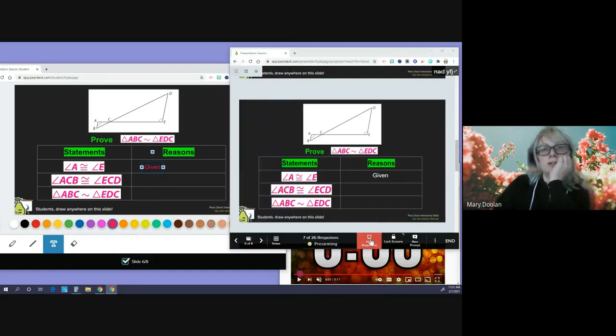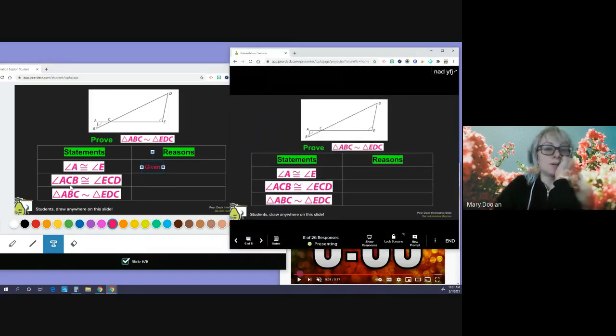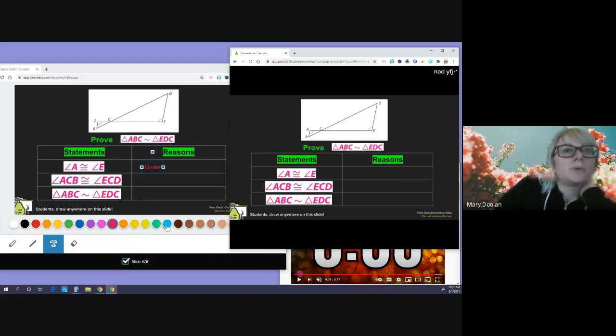And moving on now to the second box, angle ACB. So we're talking about right here. I know it's a little hard to see. I'm going to put something on there to make it stand out.